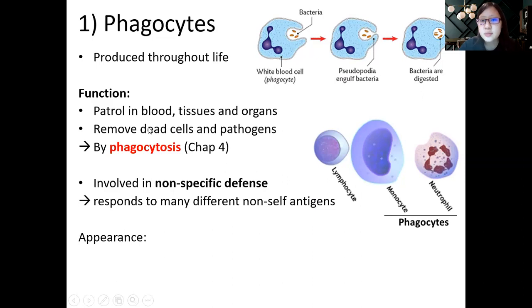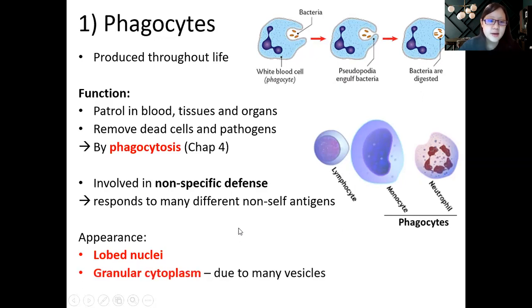Yeah, so let's talk about the appearance a little bit. The appearance is lobed nuclei. So usually a nucleus is very round. Nuclei is the plural of nucleus here. And lobed means it is not a specific round shape. It has places where it's thinner, places where it's fatter, like that. So it's a lobed nucleus.